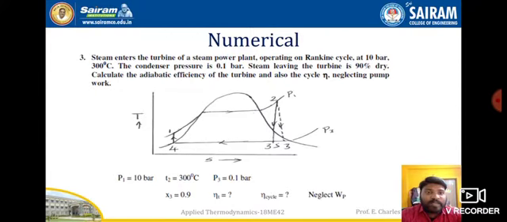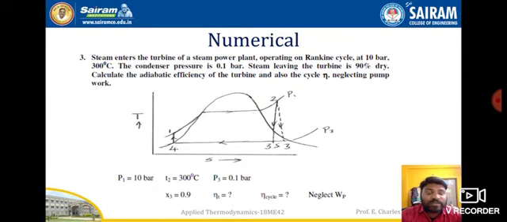Next, calculate the adiabatic efficiency of the turbine and also the cycle efficiency, neglecting pump work. So in this problem we need not worry about the pump work, which is nothing but H4 minus H1. H1 to H4, that line gives you the pump work. Since the pump work is so small, he is asking us to neglect it.